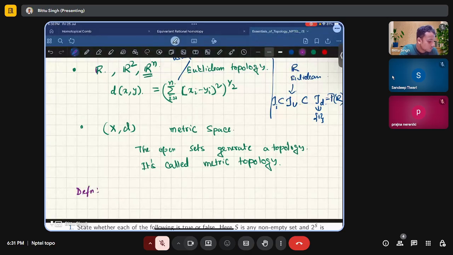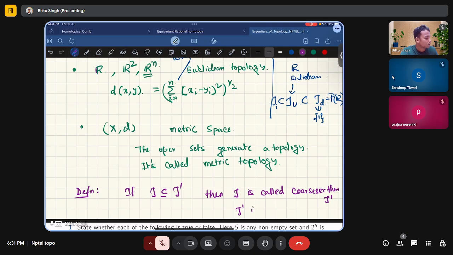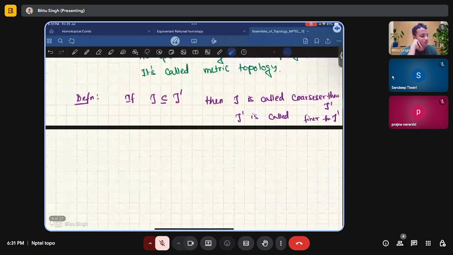Definition: if tau is contained in tau dash, then tau is called coarser than tau dash, and similarly tau dash is finer than tau. Why is that called finer? Because it has more fine pieces. So you can compare those two things by this analogy.